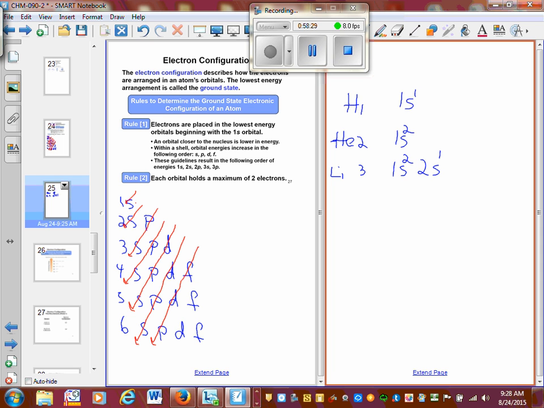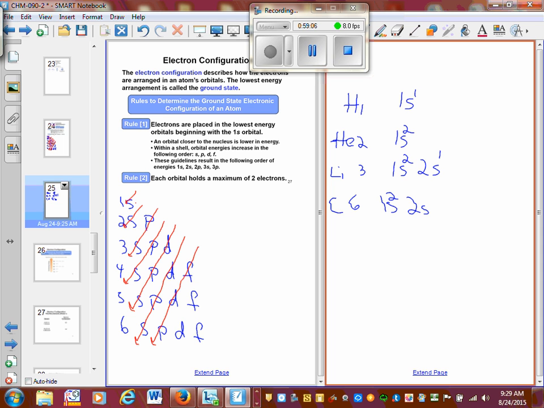Let's jump to carbon. How many electrons? 6. I start with 1, subshell s, number of electrons, 2. Then I have to go to 2, subshell S. How many electrons can I put there? 2.